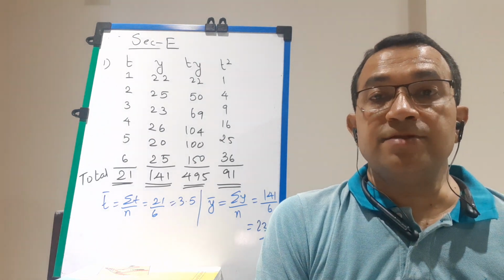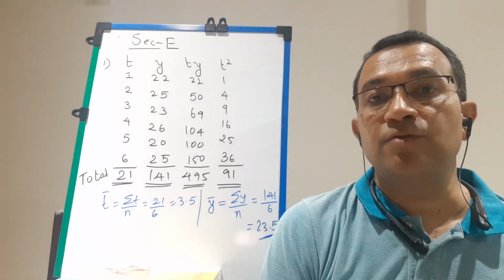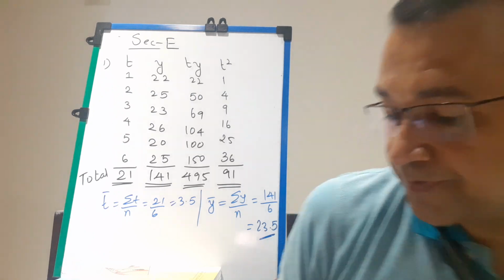Now students, I am erasing the table. All of you know what is the next step. The trend line equation is yt cap is equal to A plus bt.